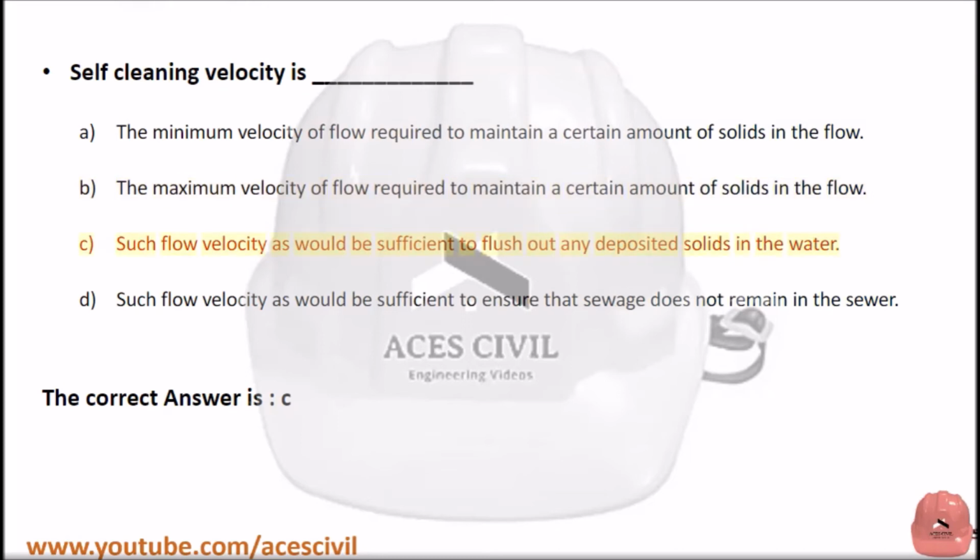C. Such flow velocity as would be sufficient to flush out any deposited solids in the water. D. Such flow velocity as would be sufficient to ensure that sewage does not remain in the sewer. The correct answer is C.